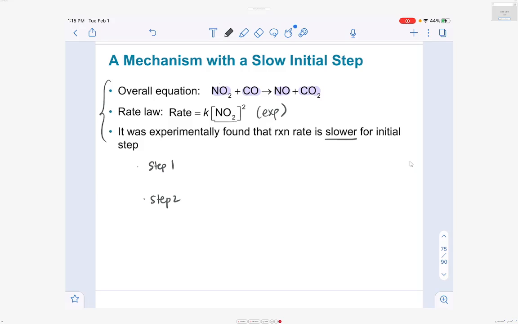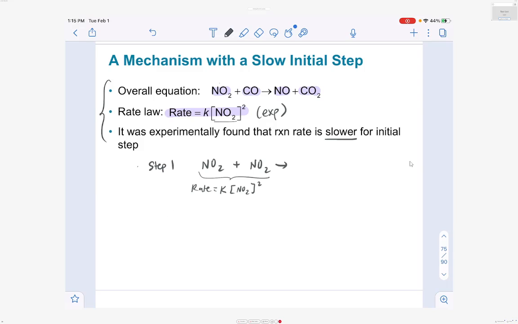So since we know that the first step is the rate determining step, the first step will give the rate law for the overall equation. The overall rate law equation is provided here. So the step one equation has to be NO2 plus NO2, because this will give the rate law of this.